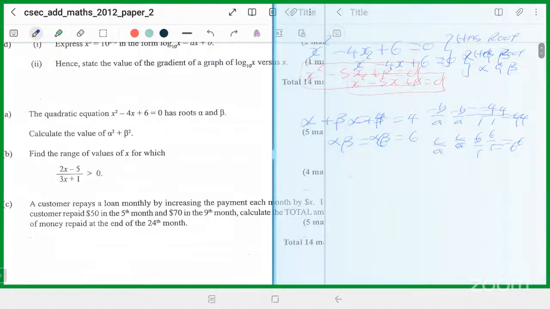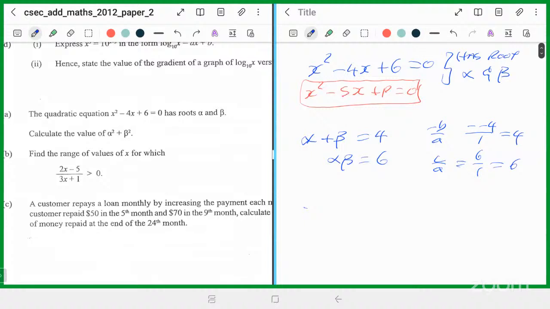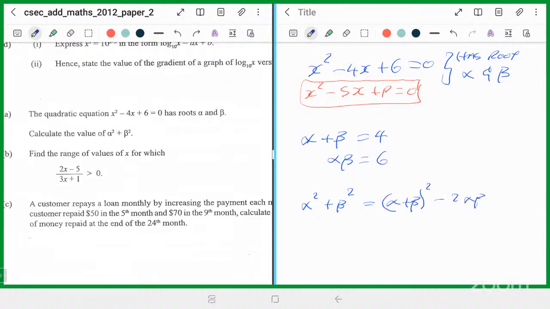All right, you see the values there. The more things you know, the better. But the question is really asking us now for alpha squared plus beta squared. You must know that in terms of alpha plus beta and alpha beta, this is equal to alpha plus beta all squared minus 2 alpha beta.